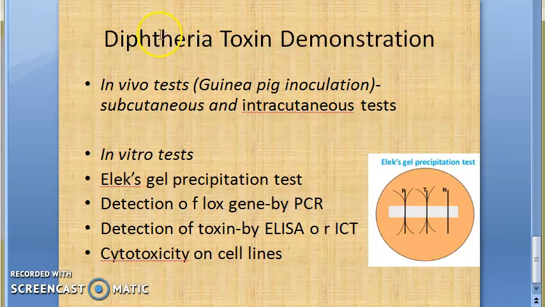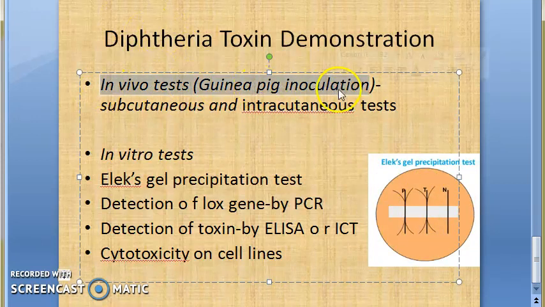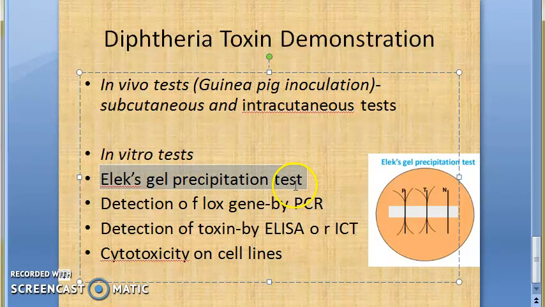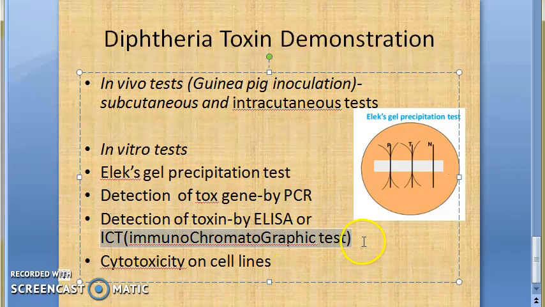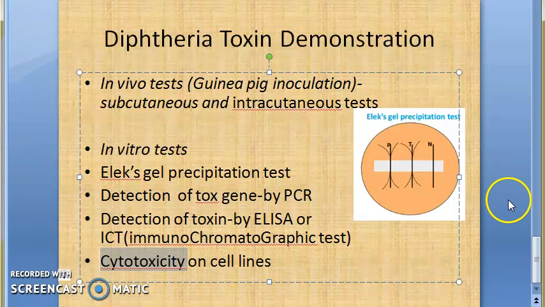In vivo means obviously animal inoculation, so it will be a guinea pig inoculation. Guinea pig is actually a rodent, not a pig. You can do subcutaneous and intracutaneous tests. In vitro test, you have Elek gel precipitation test, detection of tox gene by PCR, then detection of toxin by ELISA or ICT. ICT is nothing but immunochromatographic test. Then you have cytotoxicity on cell lines.